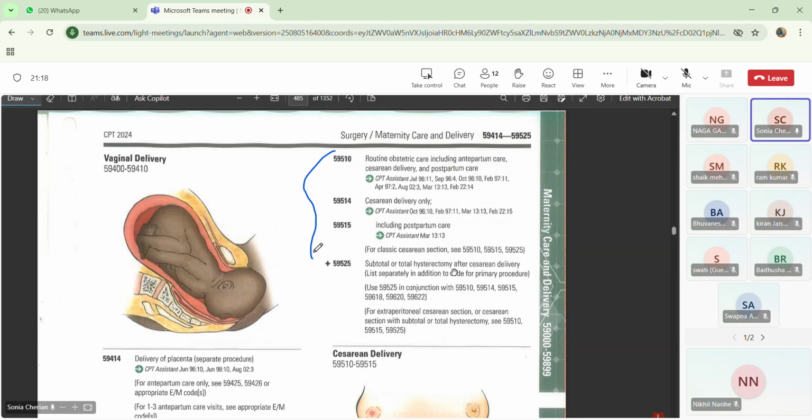Then if there are any complications, whether fetal complications or mother complications, like gestational hypertension or diabetes, whatever the complication the mother and the baby has, you need to code it. For obstetrics and delivery, your ICDs start from the O series. So you should code all the ICDs available in your chart, but your PDX should be encounter for supervision for delivery. And definitely you should look for the age.